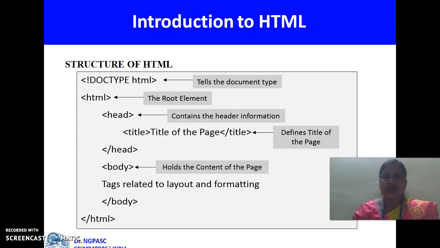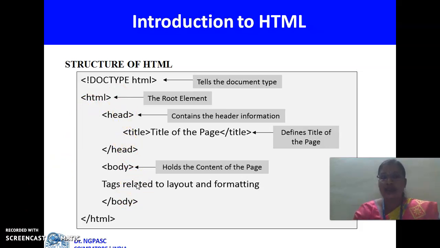This is the basic structure of HTML. The document type first tells the type of the document, then HTML is the root element. Once we open the HTML tag, we have to close it, and the backslash is used when closing. Inside the HTML we have the head and body tags.